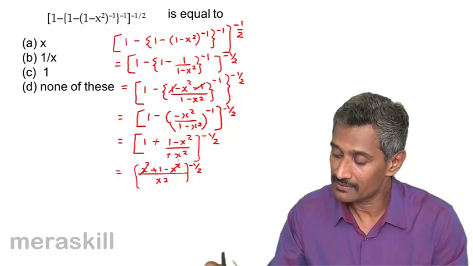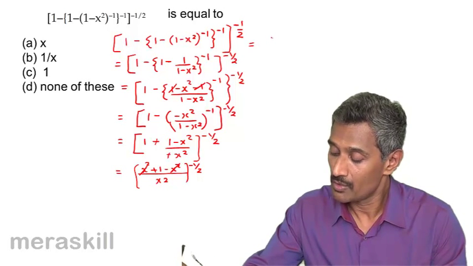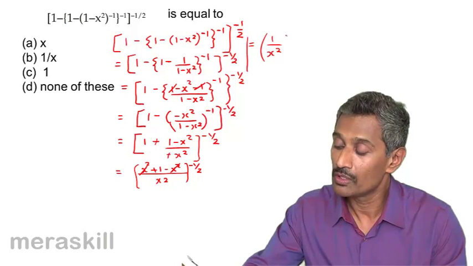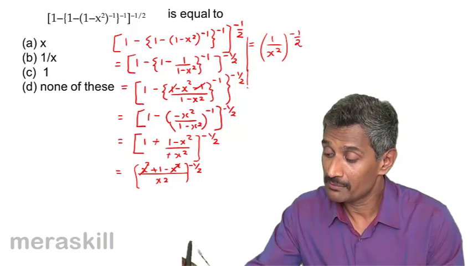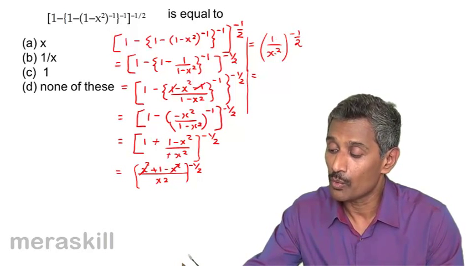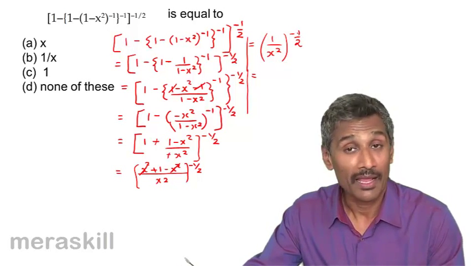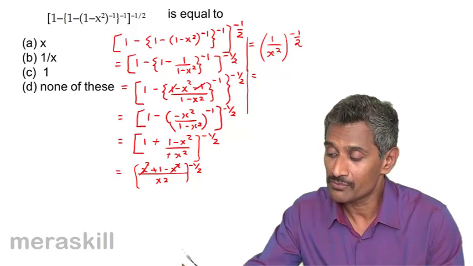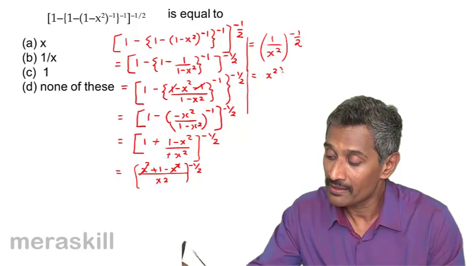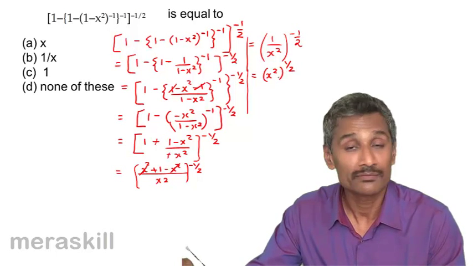Here this gets cancelled, and ultimately it's 1 upon x square, the whole raised to minus half. Now this can be written how? Since it is 1 upon a raised to minus m, we can reciprocate it and write this as x square raised to half.